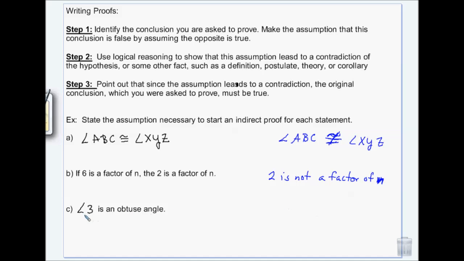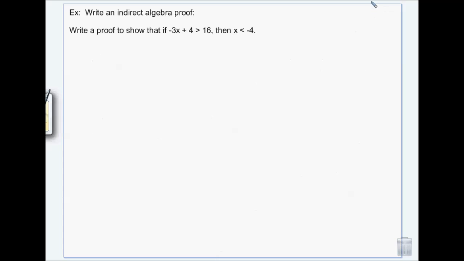If I'm trying to prove angle 3 is an obtuse angle, I say angle 3 is not obtuse. So I'm always just going to go with the opposite of whatever I'm trying to prove.